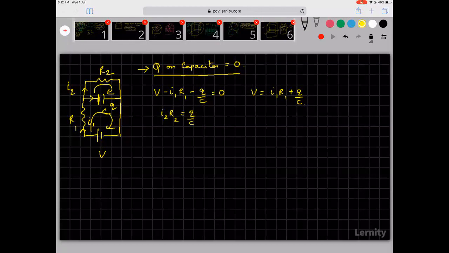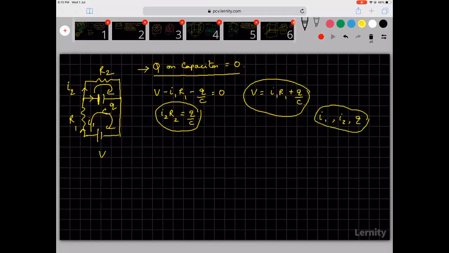But look, we have to write it as a differential equation and then solve it, because merely substituting, there are three unknowns. I1 is one unknown, I2 is one unknown, and Q is one unknown. So we will have to see how we can solve a differential equation by working with this.